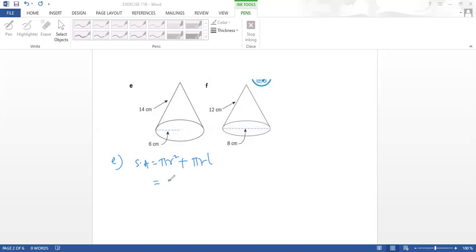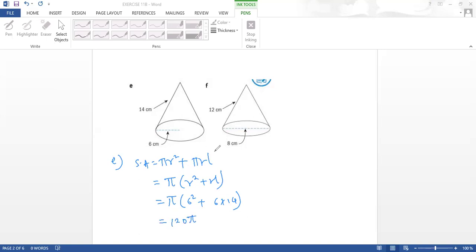So I'll shorten my calculation by doing r squared plus r l, which is 6 squared plus 6 multiplied by 14. 14 multiplied by 6 is 84 plus 36. That will give you around 120. So 120 pi.